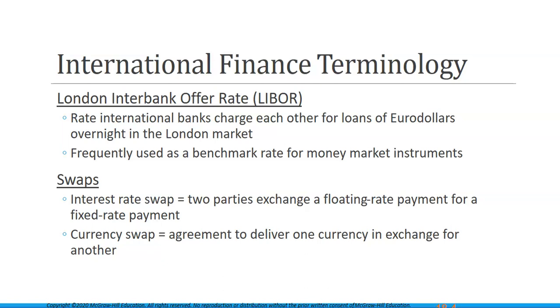A currency swap is an agreement to deliver one currency in exchange for another. So if you're traveling and you want to switch your dollars to pesos or your dollars to euros or Swiss francs or wherever you're traveling to.